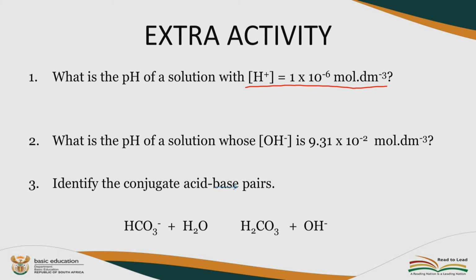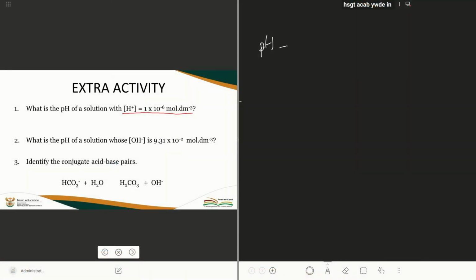So when you are given the concentration of hydrogen ions, you need not stress. You just go to your formula sheet, look at the formula for pH, and correctly copy it. pH is equal to minus log the concentration of H3O plus or H plus ion.